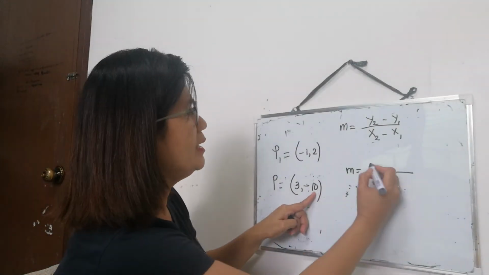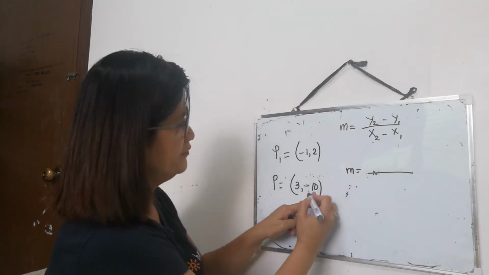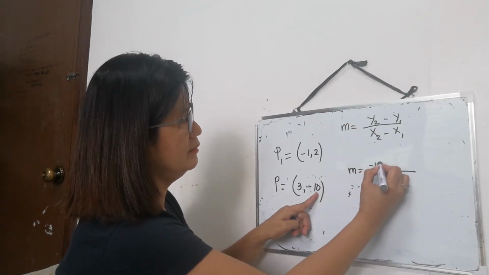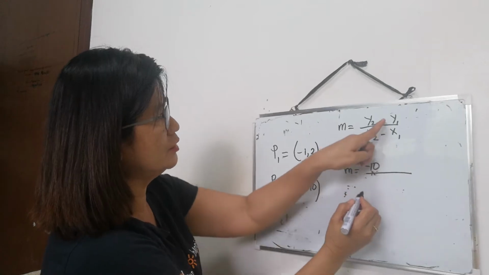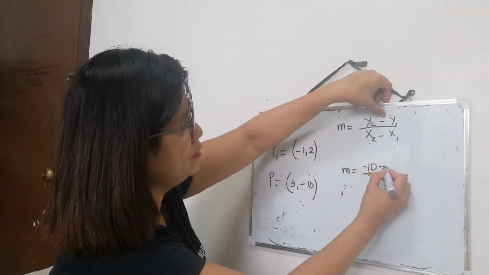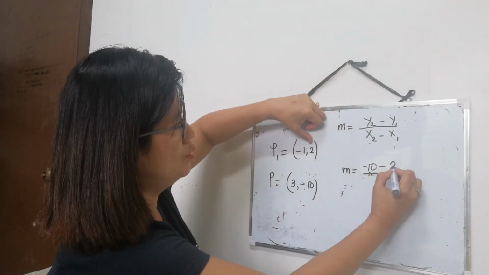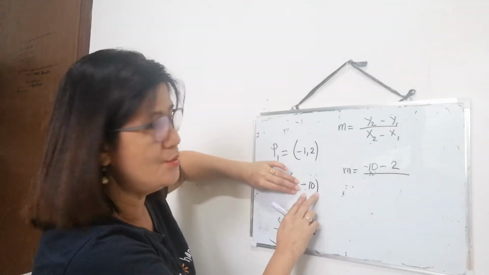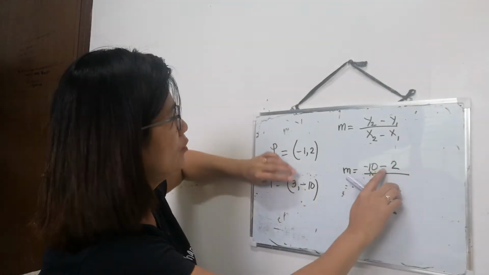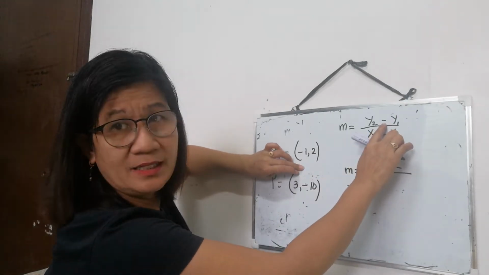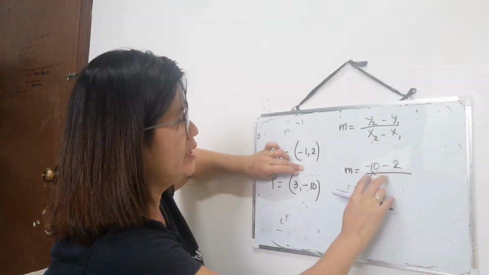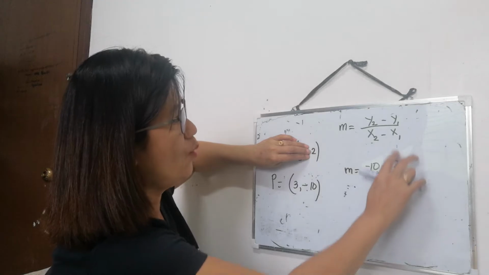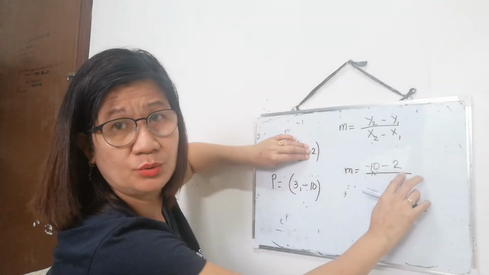So, it will be, our y sub 2 is negative 10 minus, ito yung operation sign natin, minus 2. Again, negative 10 is y sub 2. Then, yung isang negative dito, that is an operation sign. It came from here. So, negative 2, then, y sub 1 is 2.